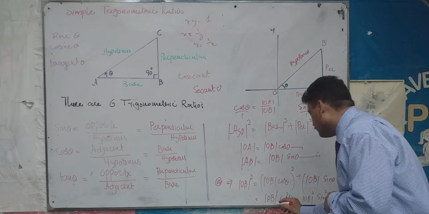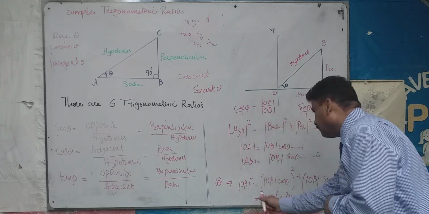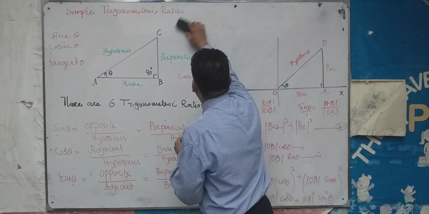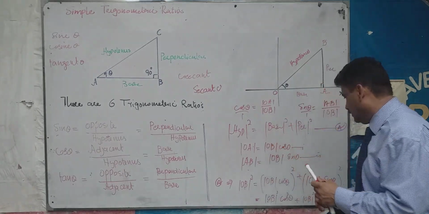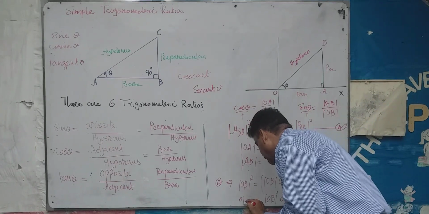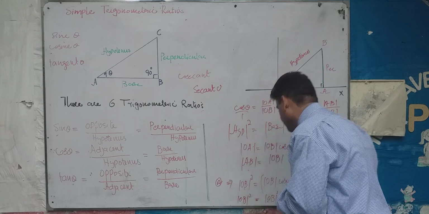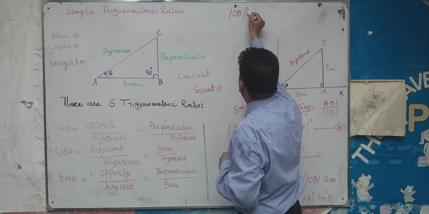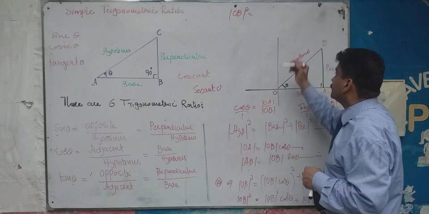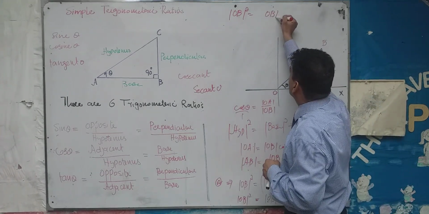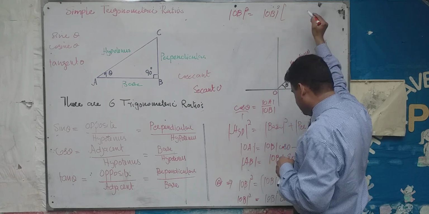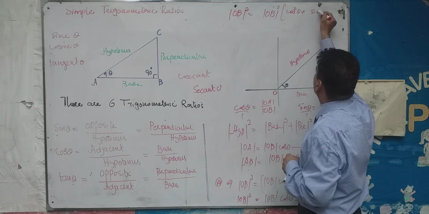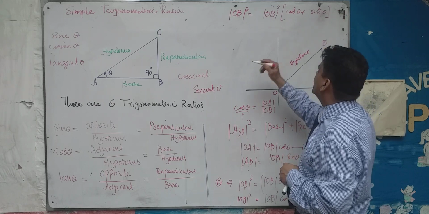By taking the square of OB common from here, we write square of OB. When we take OB squared as common, in the bracket we get cos squared theta plus sin squared theta.